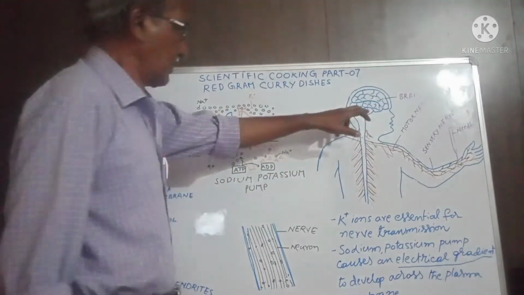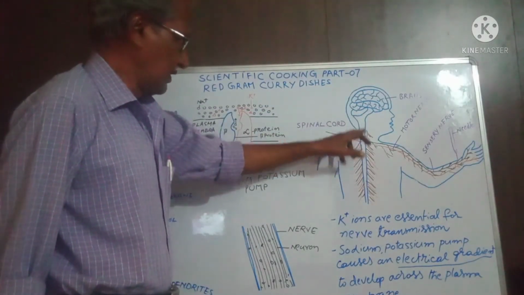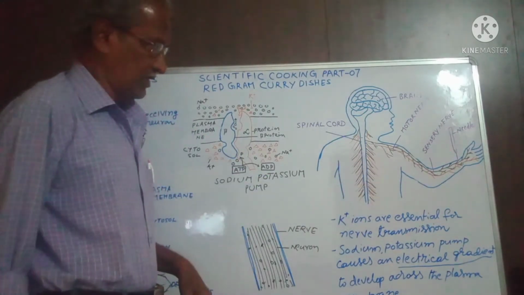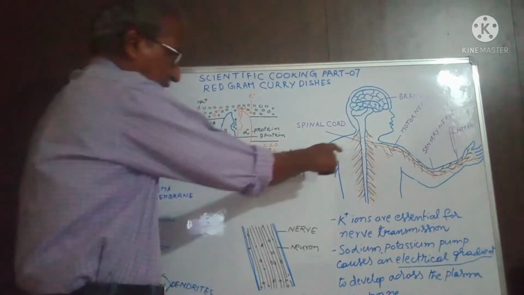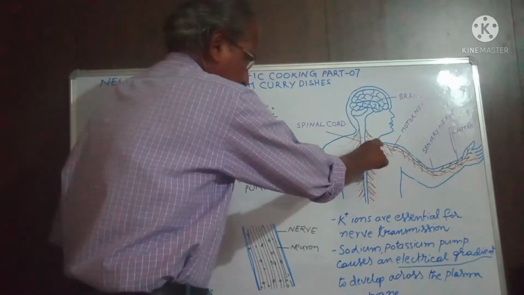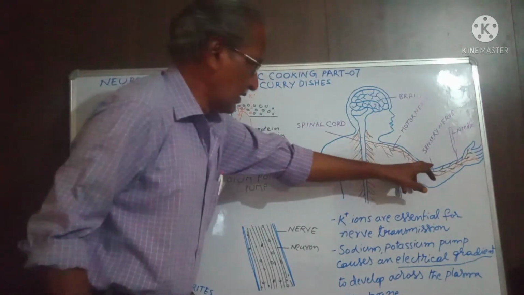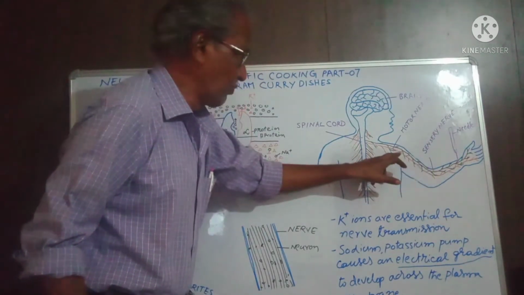Here, this is the brain and this is the spinal cord. These are the spinal nerves. Spinal nerves have sensory nerves and motor nerves.